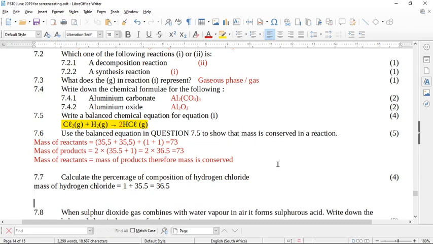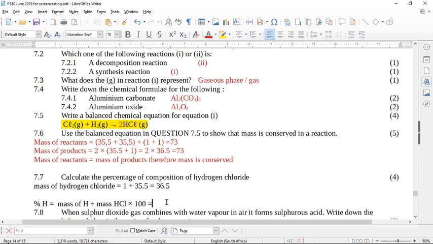So now if that's the mass of hydrogen chloride, the percentage hydrogen is going to be the mass of the hydrogen over the mass of the hydrogen chloride multiplied by 100, because that's how we get to a percentage, okay.